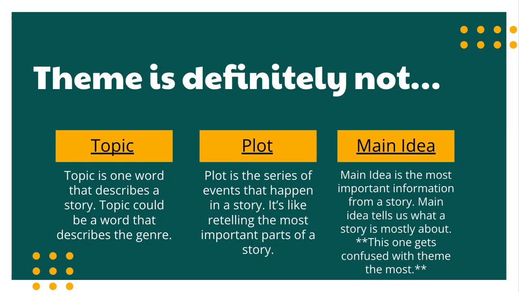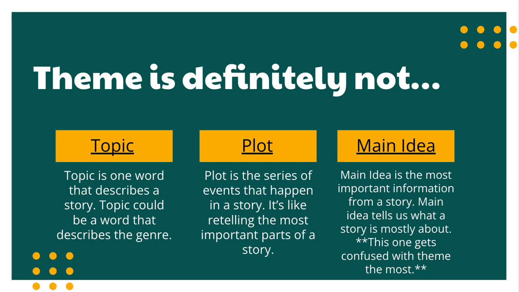One way to make theme a little bit easier on us is to understand what theme is not. So theme is not topic. We talked about topic a lot in the first semester. Topic is just one word that describes a story. So topic could be a word that describes the genre. For example, if we said, this book is all fantasy related, or this book is historical fiction, that's not a theme.